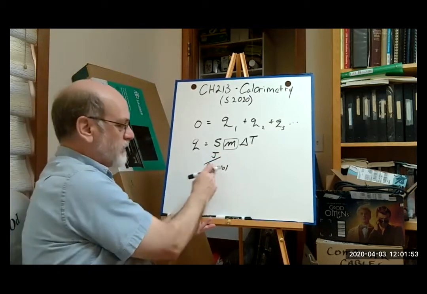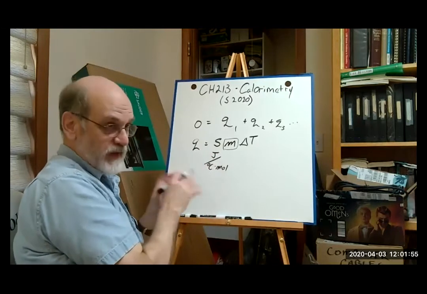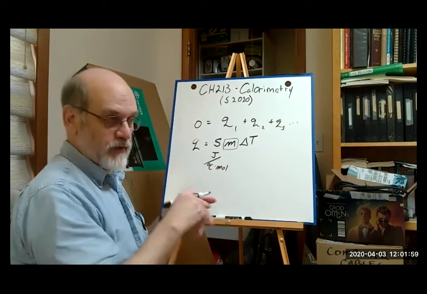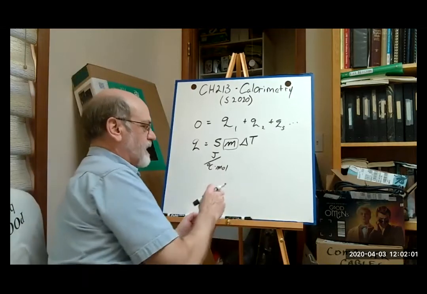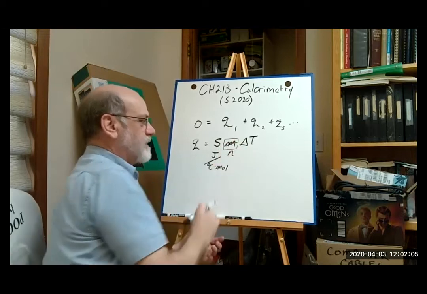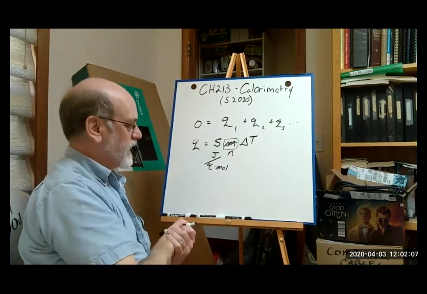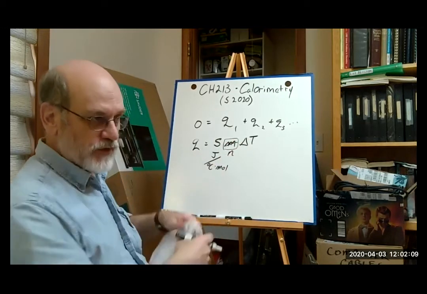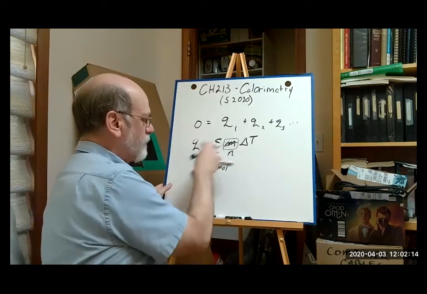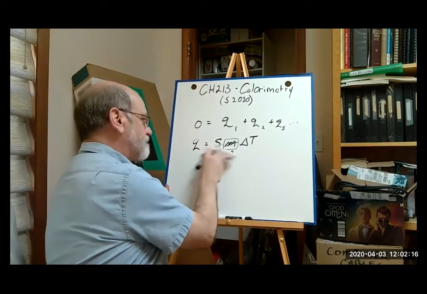Okay, just change the moles to grams. Now, that would be a different number for the same substance, because moles and grams are related differently for every substance. But in that case, instead of M here, we would have number of moles. Okay, that's the only variation that you will see in this class for using this formula.